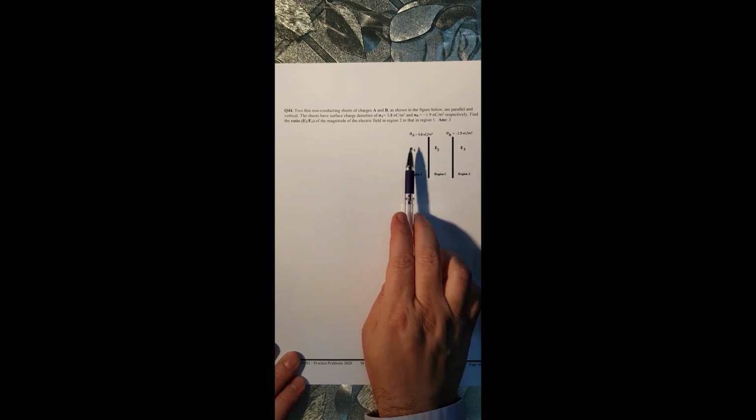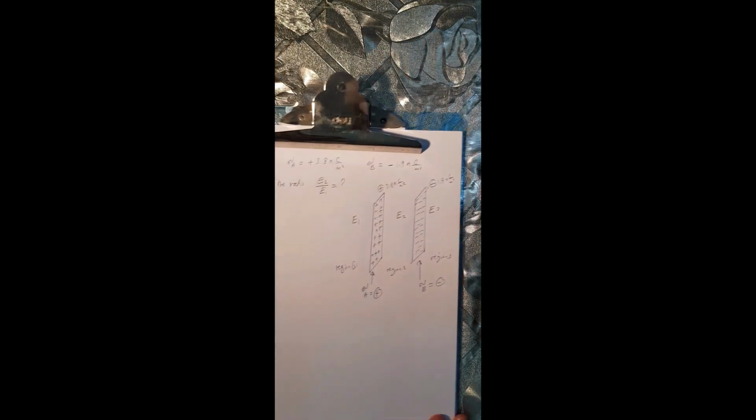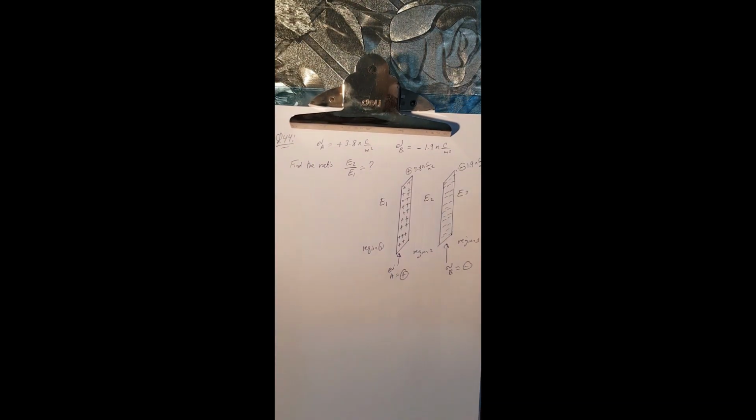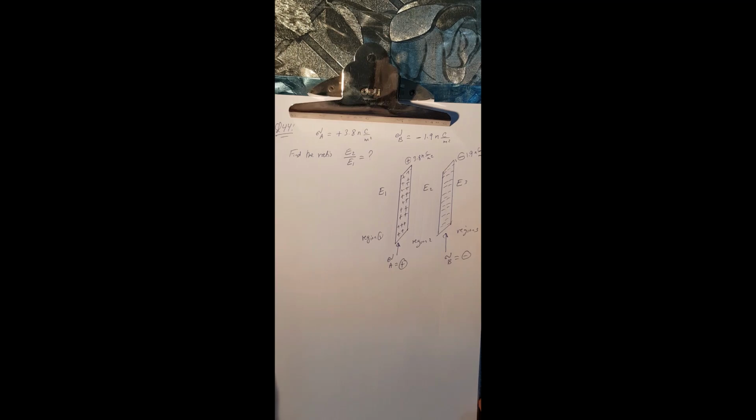So E2 over E1, not E1 over E2. We need the ratio between them. So how do we find the ratio of the electric field? Now to solve this question you have to remember something very important which you learned about a non-conducting charged disk, which we studied in the beginning.